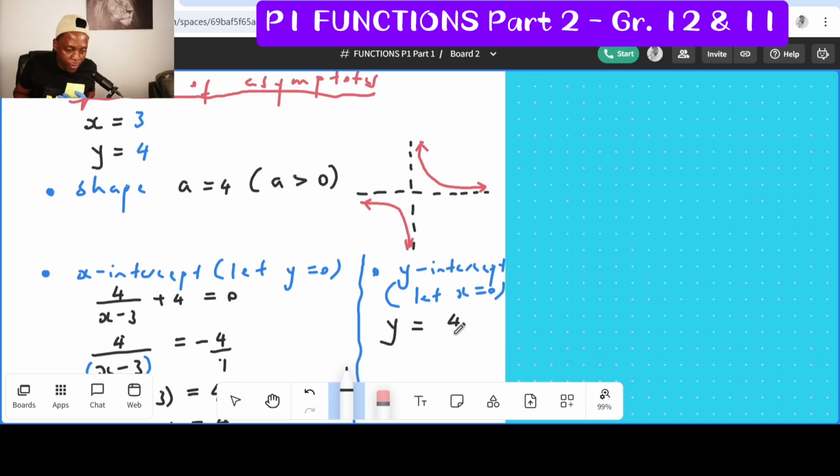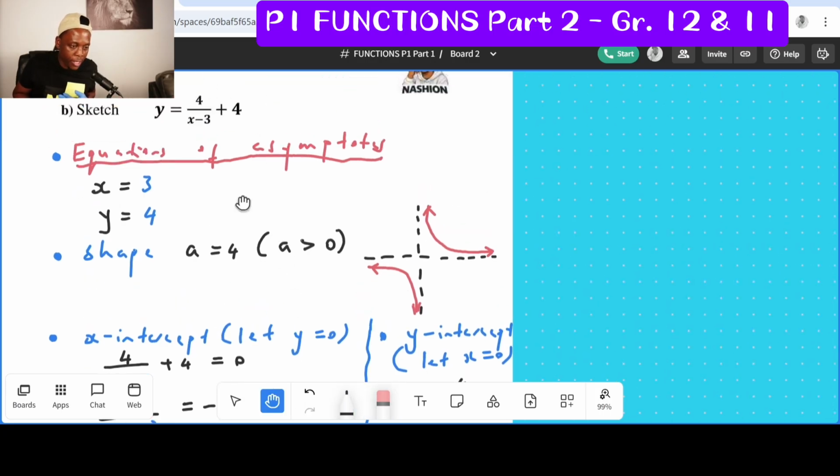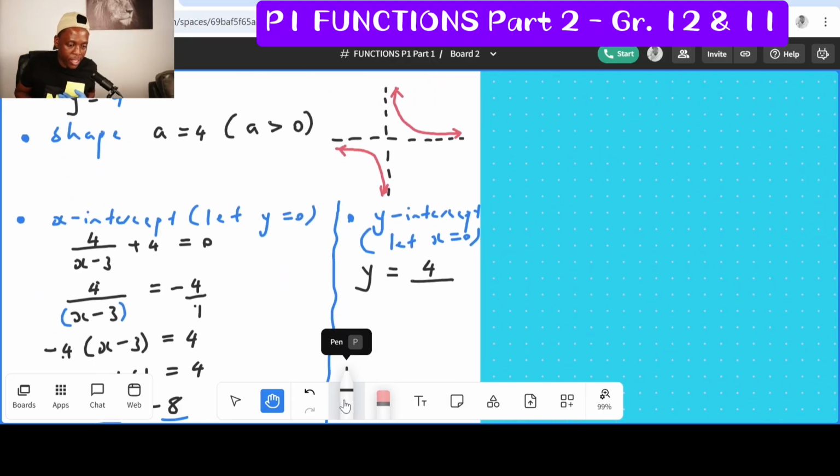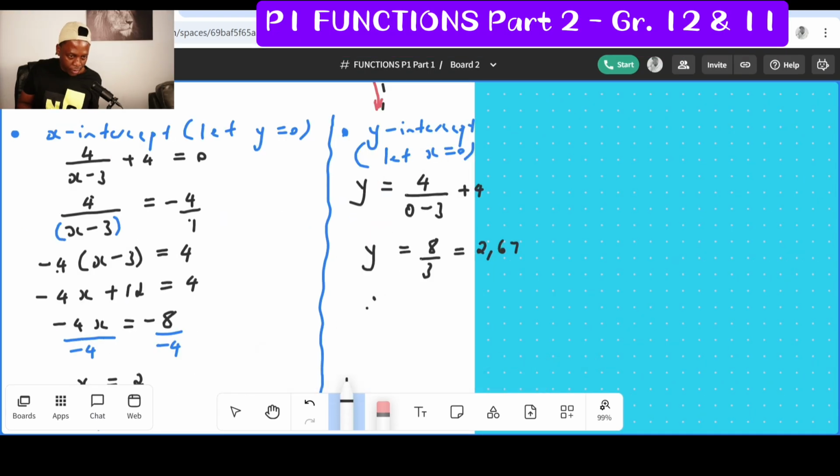We have 4 over, in the place of x here, 0, so 0 minus 3, plus 4. Use your calculator. Your calculator will give you 8 over 3. To write it in decimal form, we are going to get 2,67. Therefore, when x is 0, the y value is 2,67.